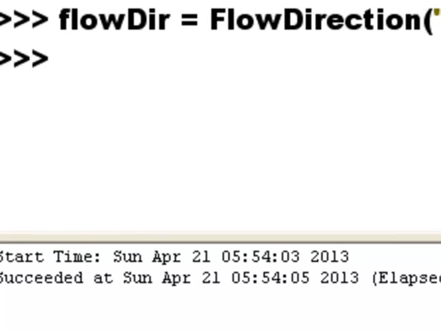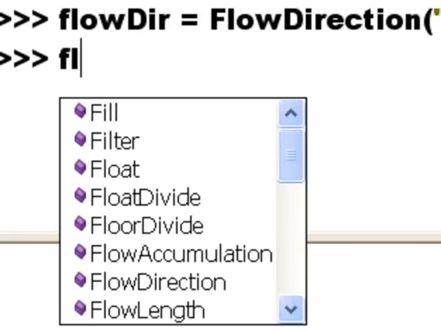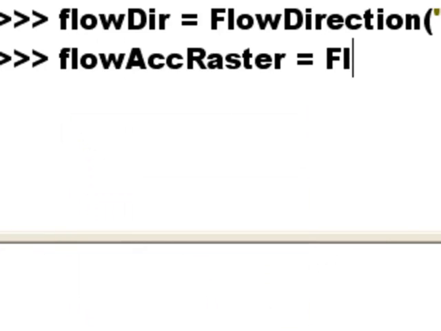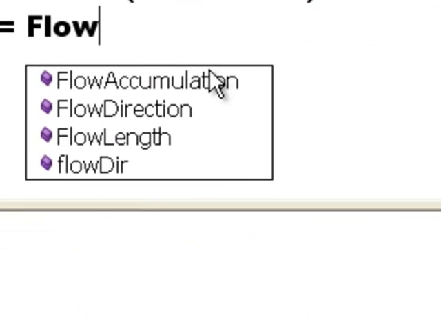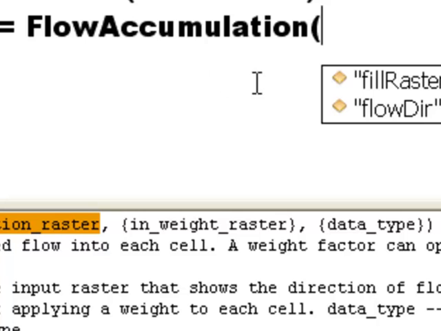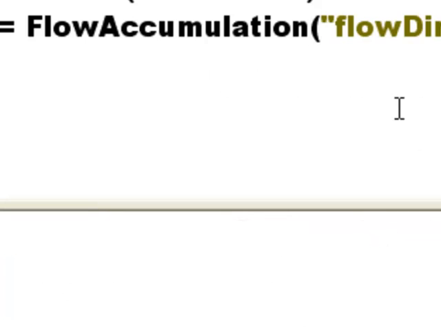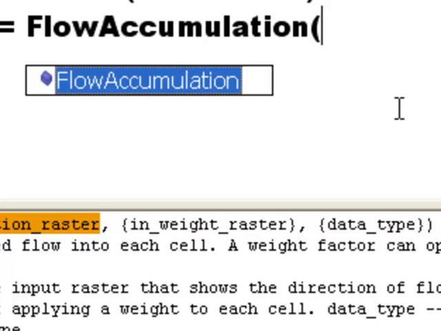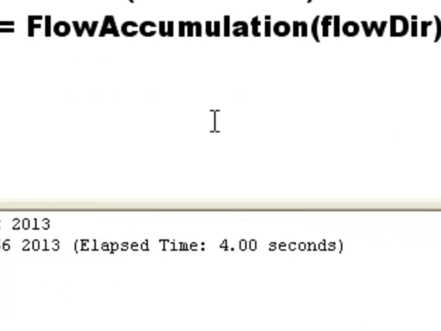And then once we have the flow direction raster, we can calculate for every pixel how many pixels flow into that pixel. So that would be a flow accumulation raster. So the tool is Flow Accumulation, and that requires a flow direction raster. And actually, let me use the Raster object just to be a little different here. Okay, so in the script tool, the user will specify a threshold of flow accumulation that will be what we consider a channel.